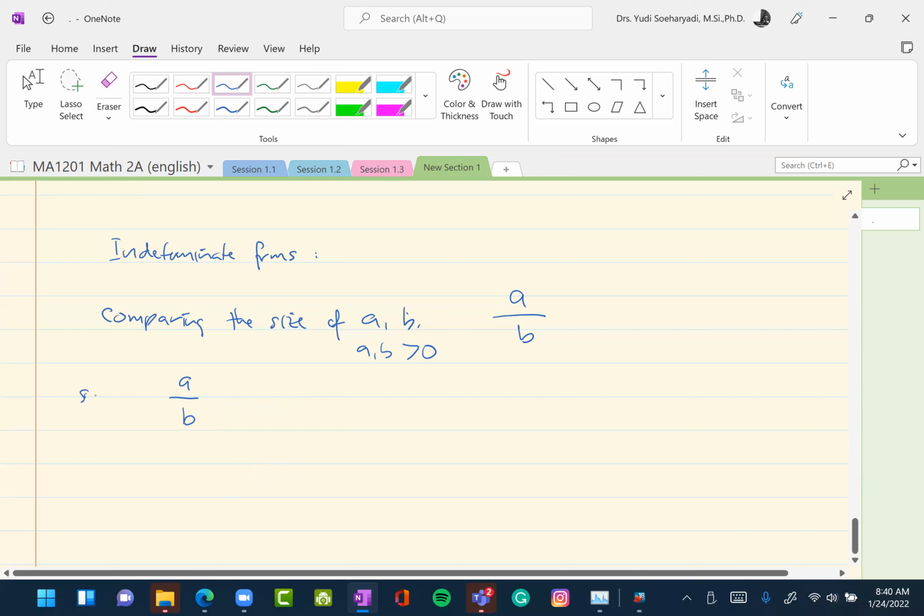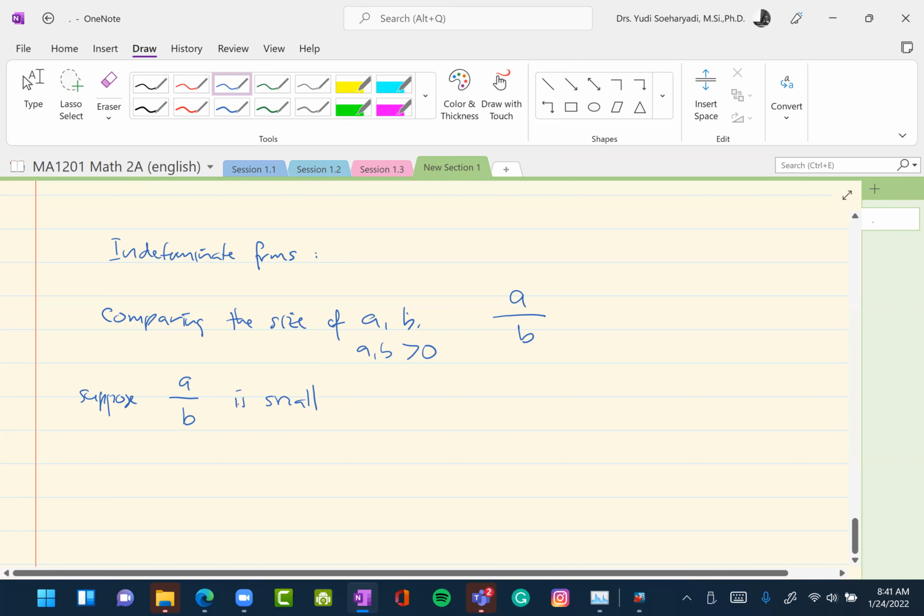So this is small. What can you say about A and B? Or it is large. What can you say about A and B? A is small while B is large.